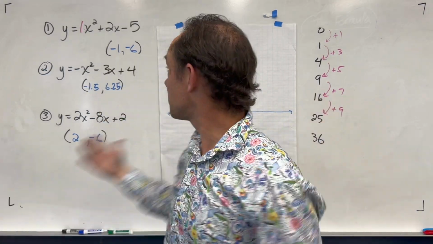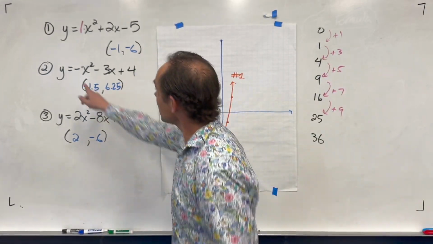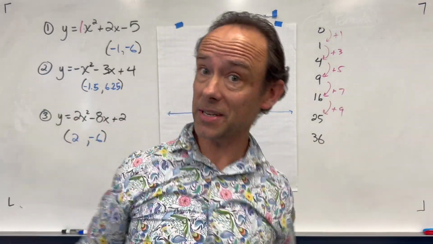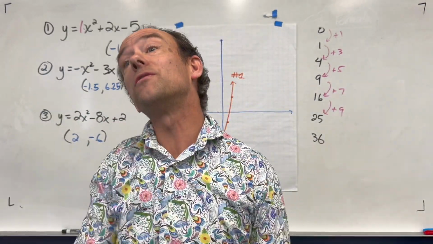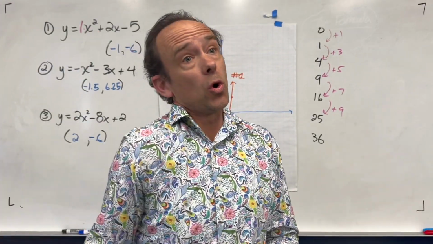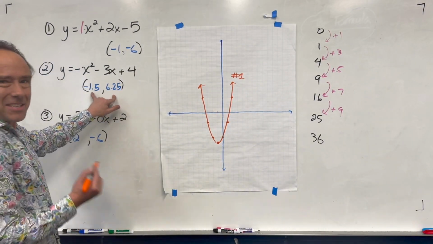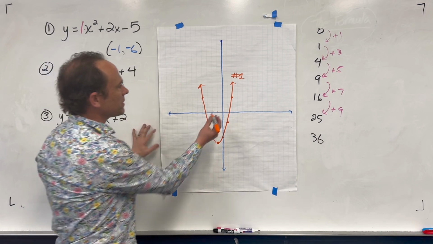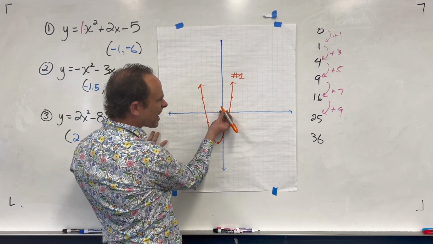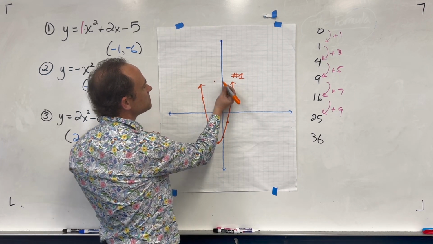So we're going to find the vertex using the equation and then analyze that a value. Okay, this a value is -1. All that means is that it points down. So instead of going over 1, up 1, we're going to go over 1, down 1, over 1, down 3. So let's do it. And it doesn't matter. Okay, so it's at a decimal, -1.5. Up 6.5, 2.5, so 1, 2, 3, 4, 5, 6, kind of there.